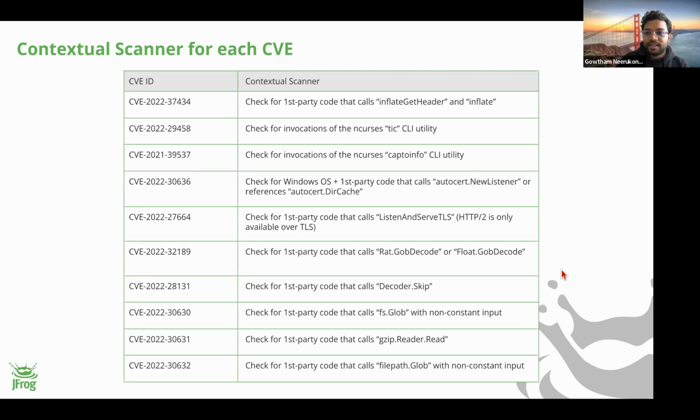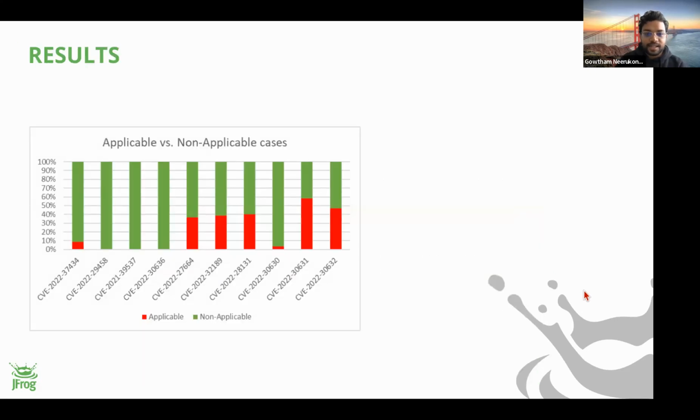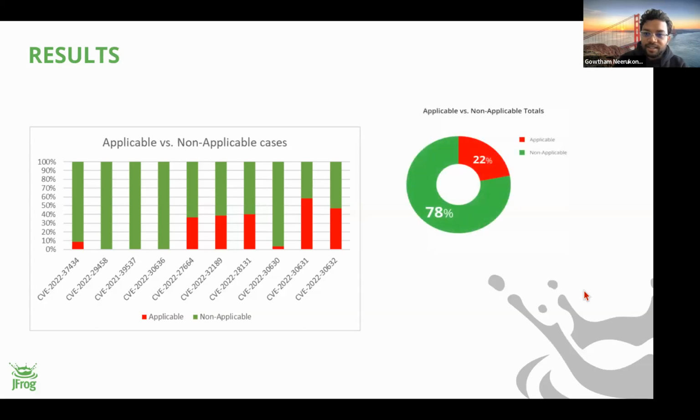Okay, these are the results that we have found from the analysis. Turns out that 78% of the CVEs that were found in the top 200 images were actually not applicable. Basically, the default configuration that they are shipped with is already secure in a way.